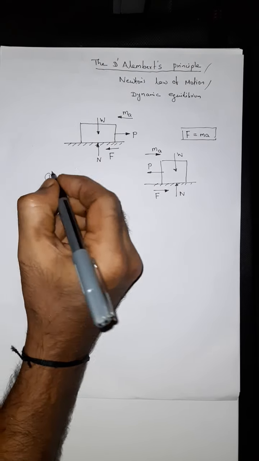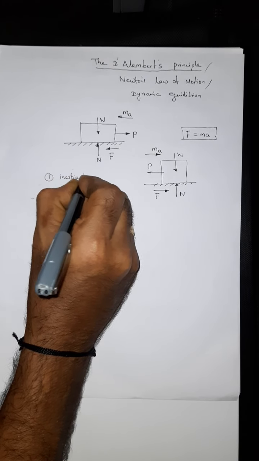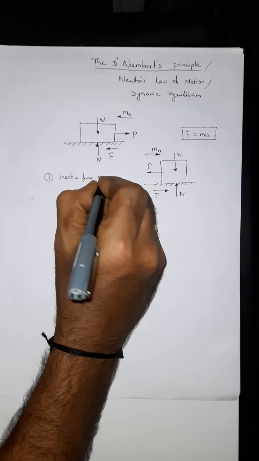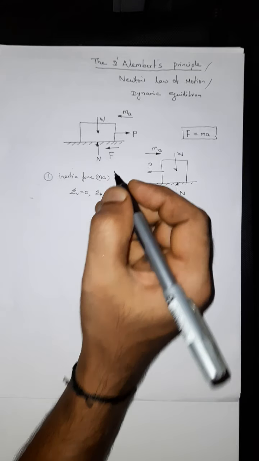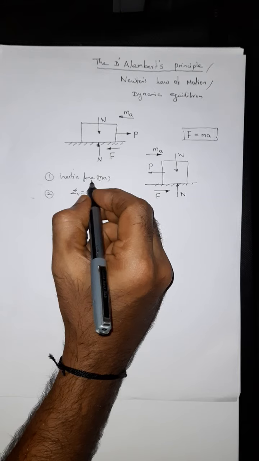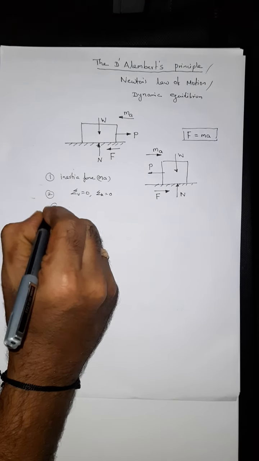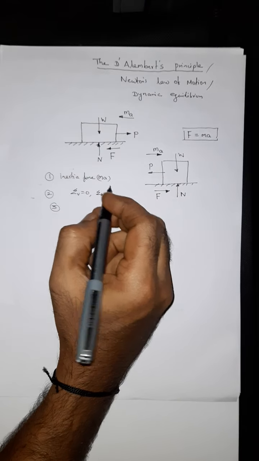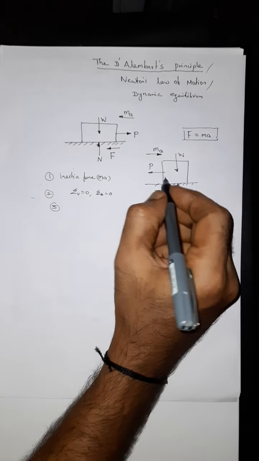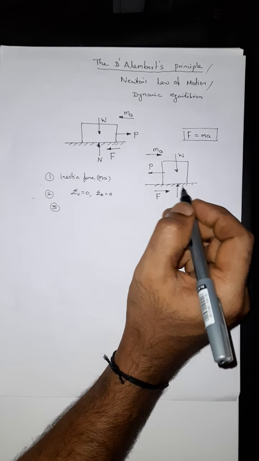The first one, the inertia force, which is ma, needs to be considered. That will be in the opposite direction of the motion. Second one, the equilibrium condition. And third, when a body is placed on a rough surface, the friction and resistance will also be considered.